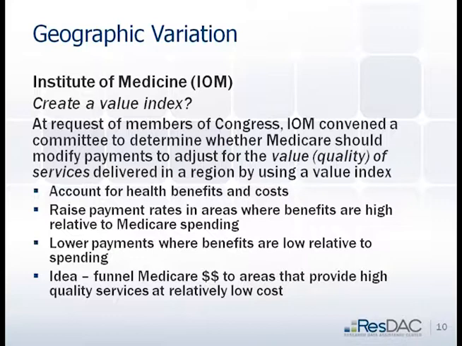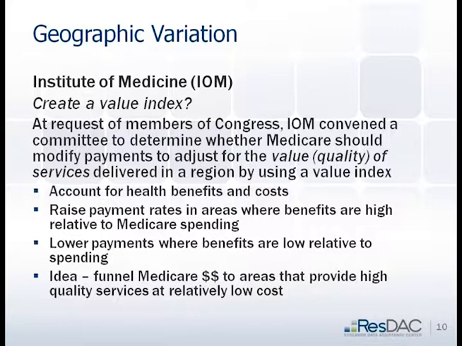So the Institute of Medicine has been called upon to conduct a study where they're trying to figure out whether Medicare should modify payments to adjust for what they call the value or the quality of services delivered in a region by using what they're calling a value index. How many of you have heard about this? Okay. So what they want to do is account for health benefits and costs.